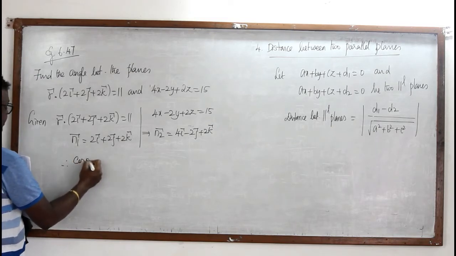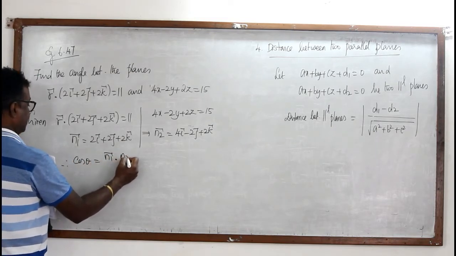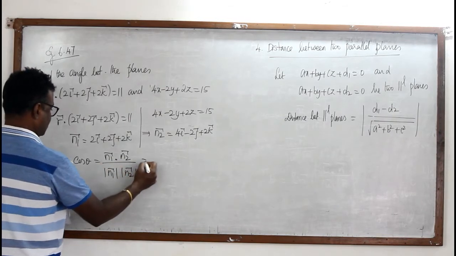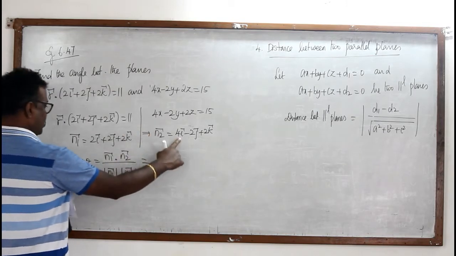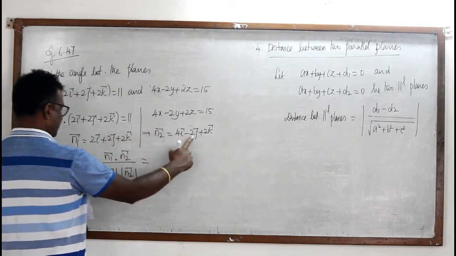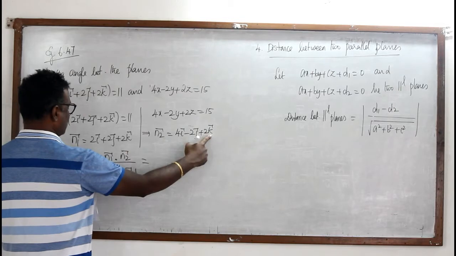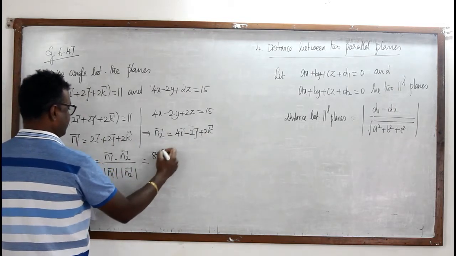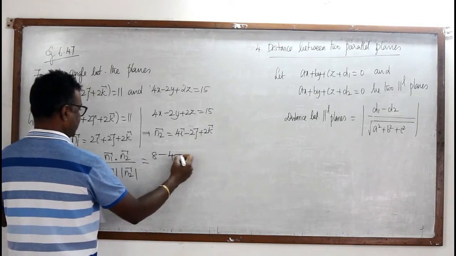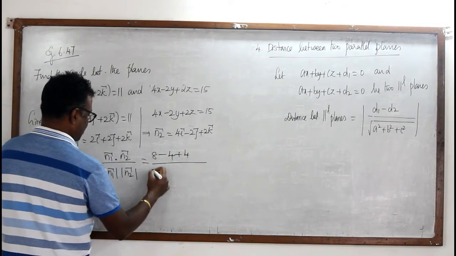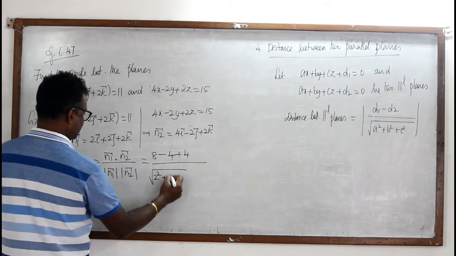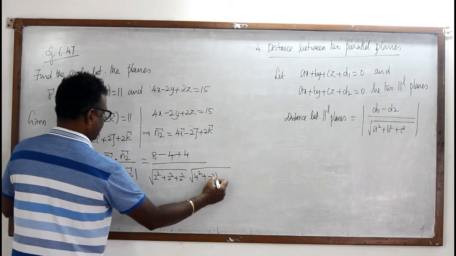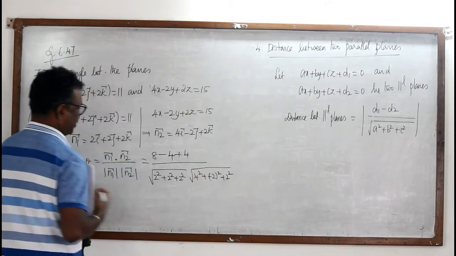Therefore, cos theta is equal to n1 dot n2 by modulus of n1 into modulus of n2. Dot product means i coefficients must be multiplied, j coefficients must be multiplied, k coefficients must be multiplied. So 2 into 4 is 8, 2 into -2 is -4, plus 2 into 2 is 4, by root of 2 square plus 2 square plus 2 square, into root of 4 square plus (-2) whole square plus 2 square.